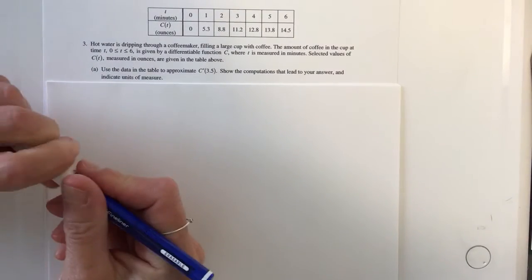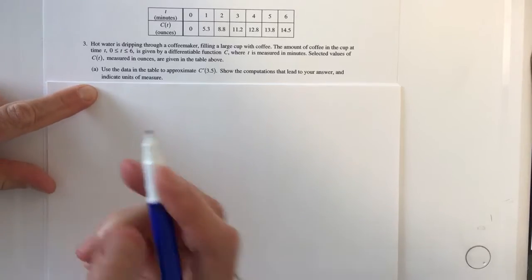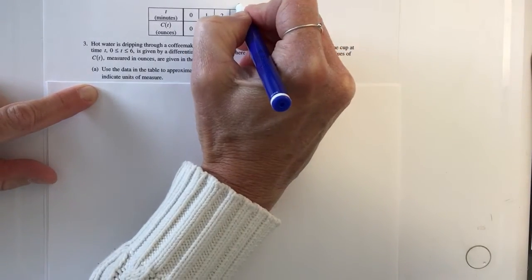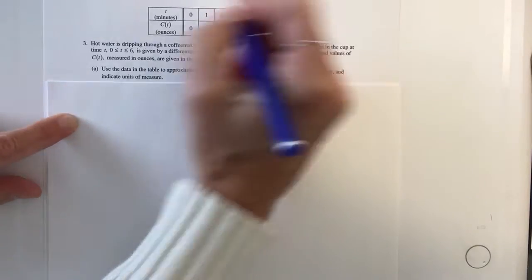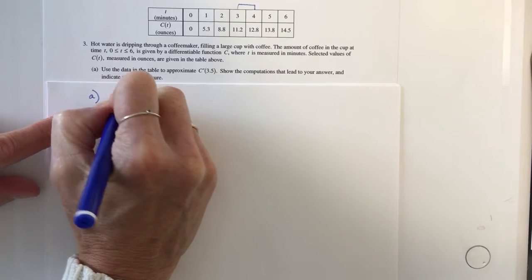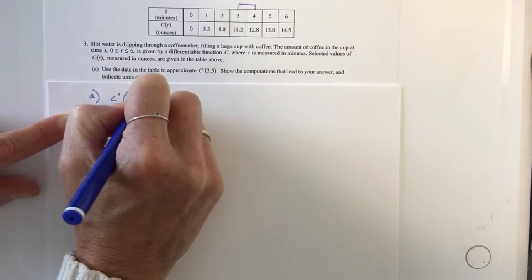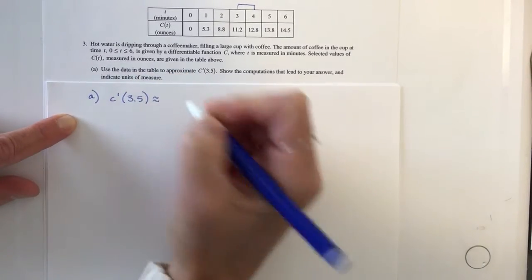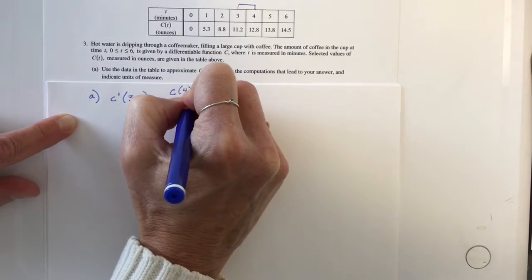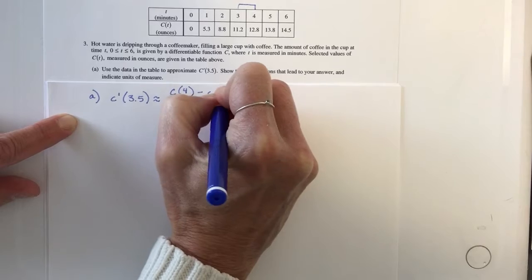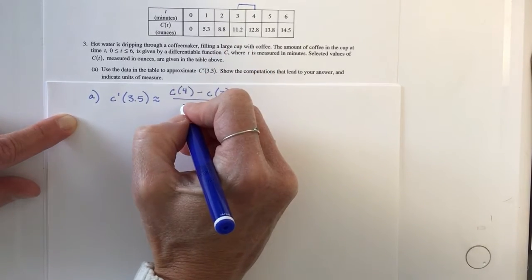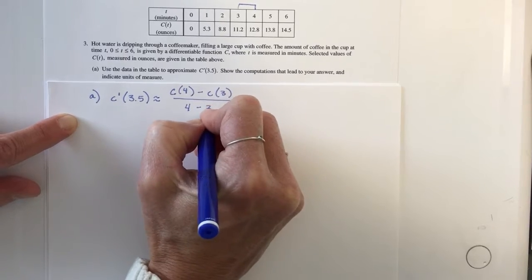So we're going to go to 3.5, which is in between 3 and 4. Be sure and write out your work. So C prime of 3.5 is approximately equal to C at 4 minus C at 3 over 4 minus 3.